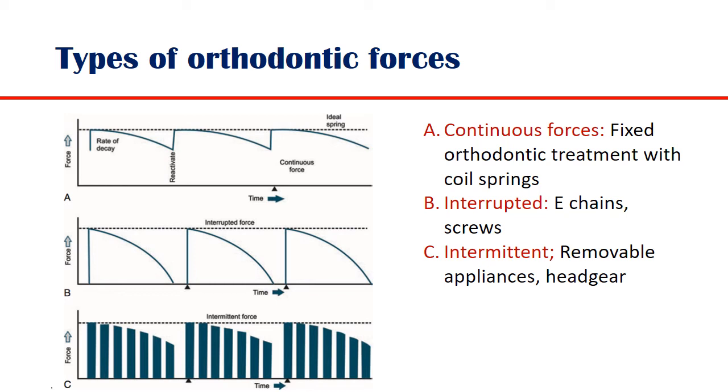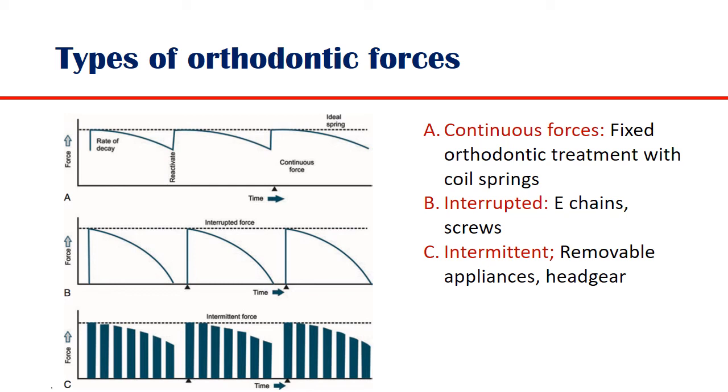On the other hand, if you talk about interrupted and intermittent forces, they are not clear cut, they sometimes overlap also. When you talk about interrupted, suppose I've put a fixed hyrax screw, or any kind of screw like a distraction screw. If I activate it, it will only be active till the time there is activation in the screw.